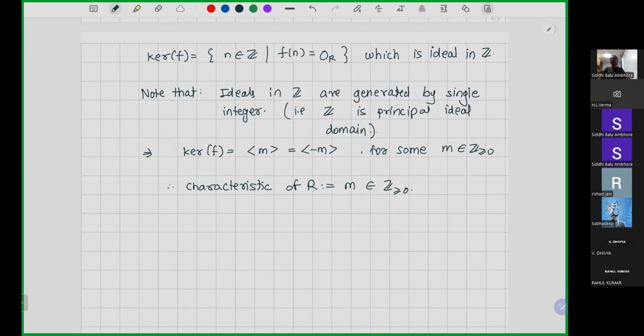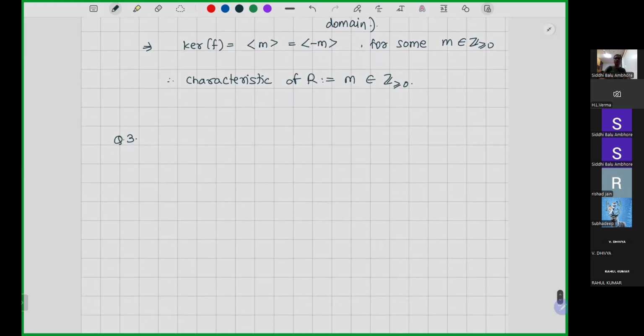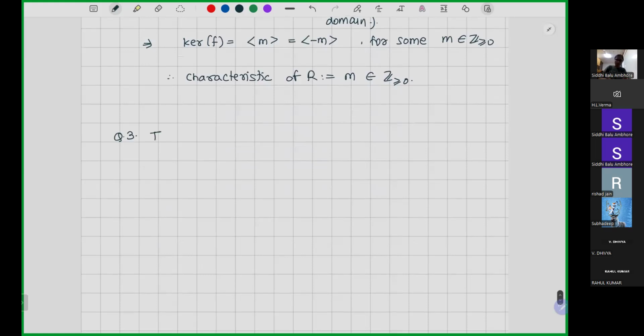Okay. So now we will see the next question. Okay, it's clear. Great. Find the characteristic of the ring Z mod 4Z x comma y quotiented by y minus x square.